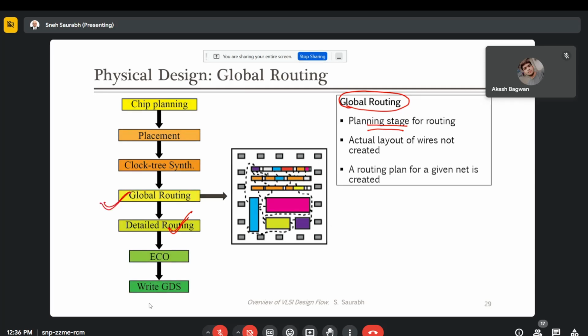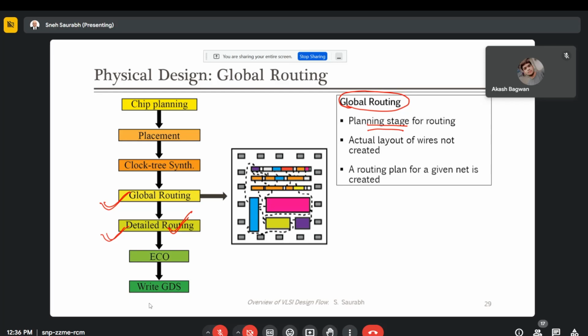Then in the next step, we will say that from Delhi to Lucknow I will take this particular road and this particular path, and from Lucknow to Patna I'll take this road, and so on. That is what detailed routing is. In detailed routing, we are actually creating the layout or the path, but in global routing, we are at the top level, deciding the plan for the routing.